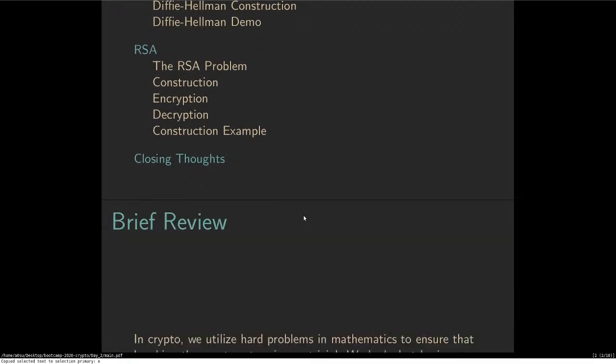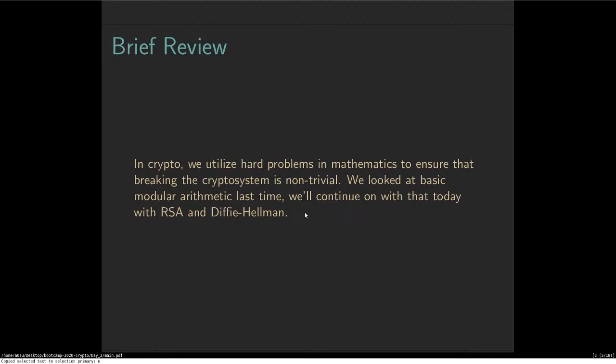Just going over briefly what we went over last week: within cryptography, we're looking to utilize properties in mathematics that make it non-trivial to crack our crypto systems. Continuing on with that today, we'll be looking at more difficult crypto systems, more so than just XOR and stuff like that.